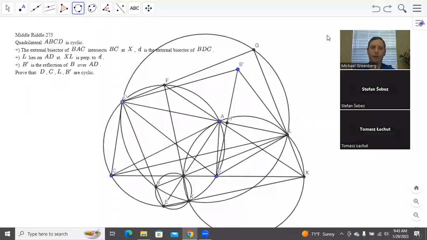CLA plus ILA is 90. Let me think about that. Okay, so I'm going to write it out and then we can edit it. So maybe a lot of these points we didn't actually need.